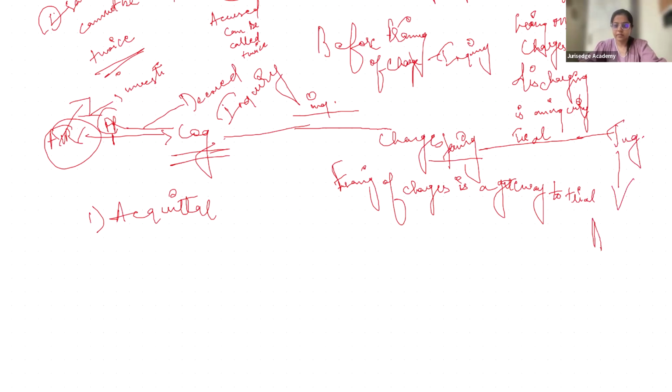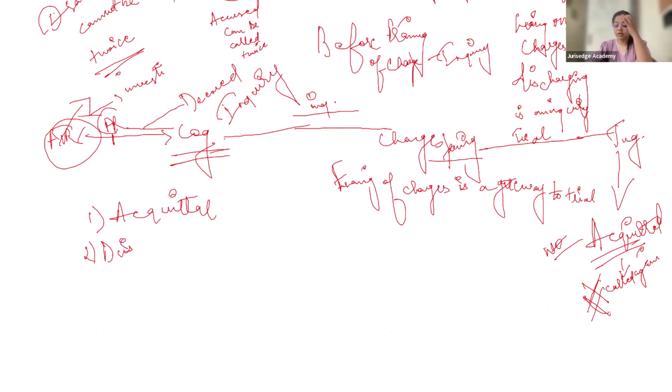Free. No punishment. Because it went through the whole trial, if the acquittal happens, the person cannot be called again for the same offense in the same court. Cannot be called again.